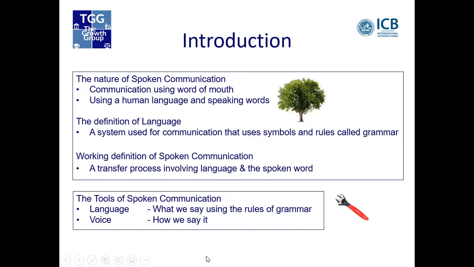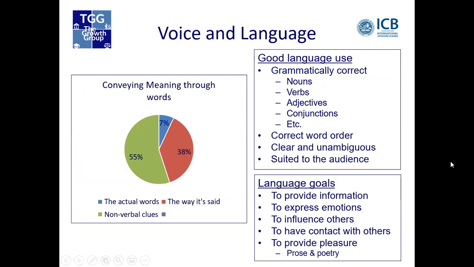The language is what we say using those rules of grammar, and then voice is all about how we say it. Let's have a look here at voice and language in general. When we are using our voice to communicate, you have a little graph there that tells you how the meaning of the words is conveyed.